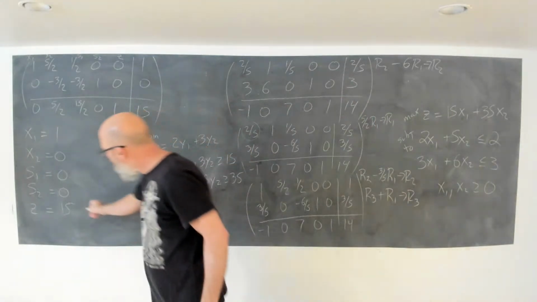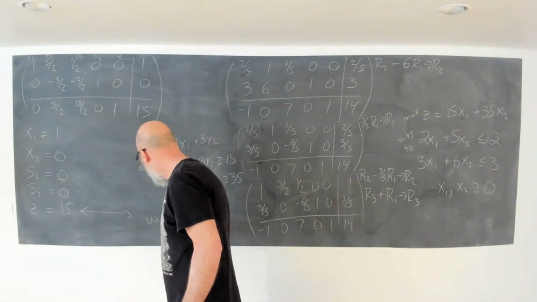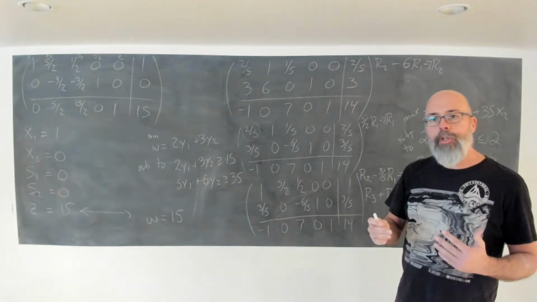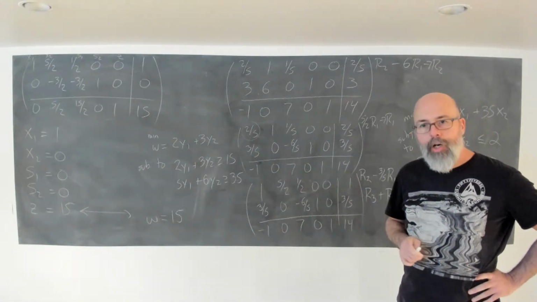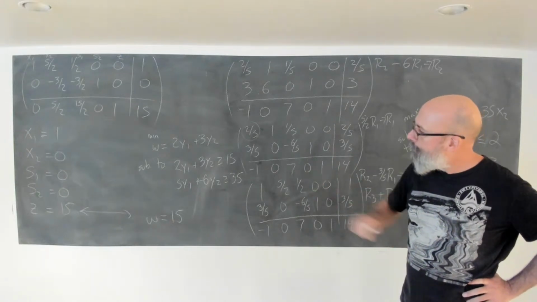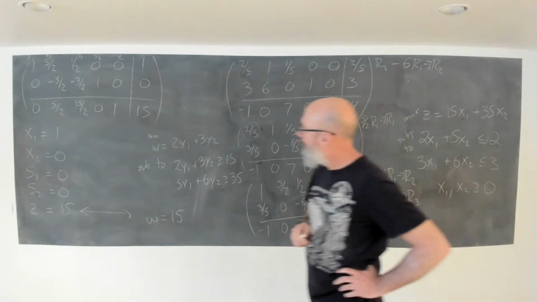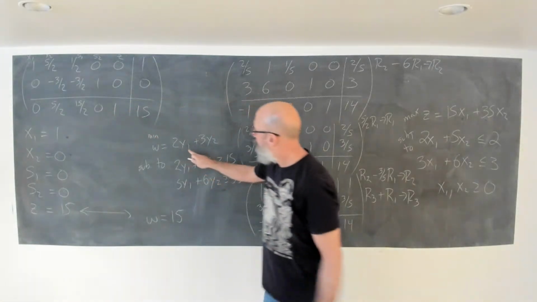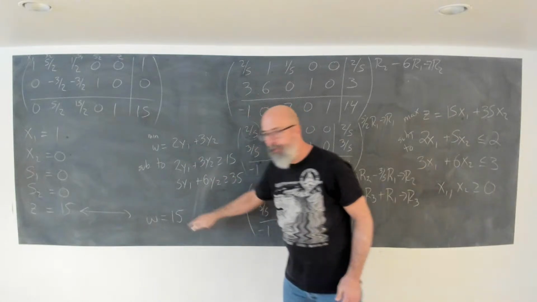Well, the z is going to be the same. So the solution is the same. Z is 15, so W is 15. It's the same answer. What about y1 and y2? Certainly, they don't correspond to x1 and x2, right? Because no combination of 1 and 0 is going to give you 15 here.